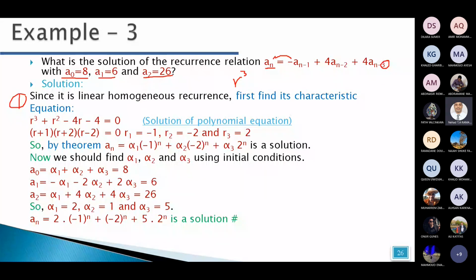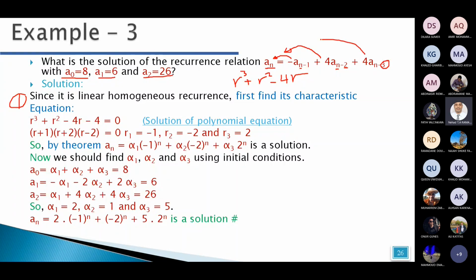This minus goes there as plus, so plus r to the power 3 minus 1, which becomes 2. This plus becomes minus, so minus 4 r to the power 3 minus 2, which is r.